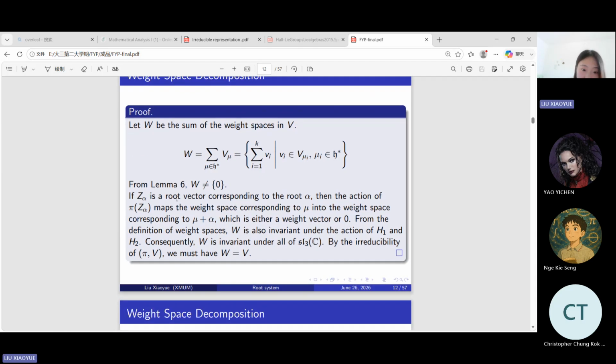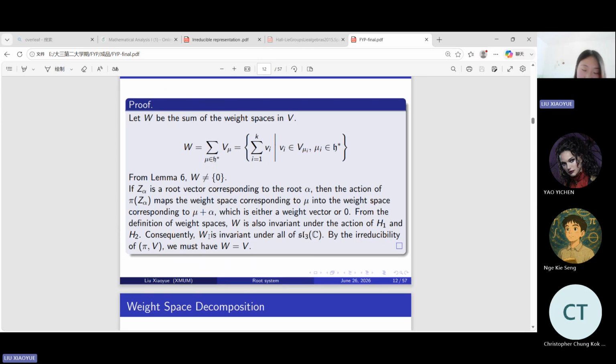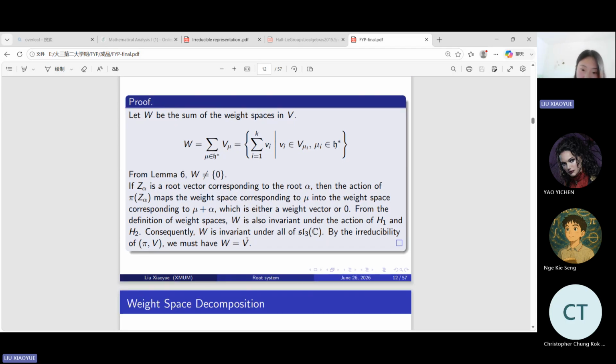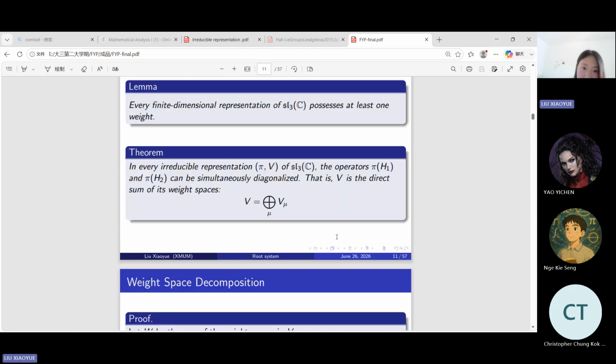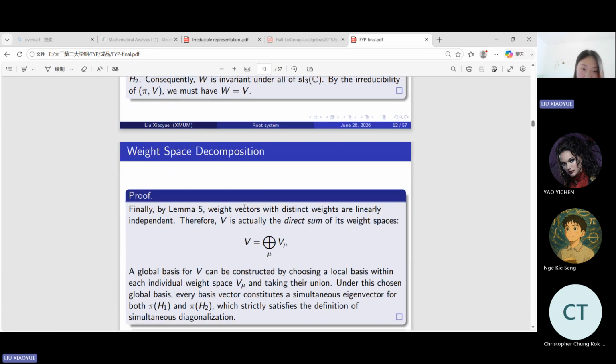So if Z alpha is a root vector corresponding to root alpha, the action maps the weight space corresponding to mu into the weight space corresponding to mu plus alpha if the action on it is not equal to 0. Also from the definition of weight space, W is an invariant subspace under the action of H1 and H2. Then we know W is invariant under all of SL3. Since it is an irreducible representation, W must equal V.